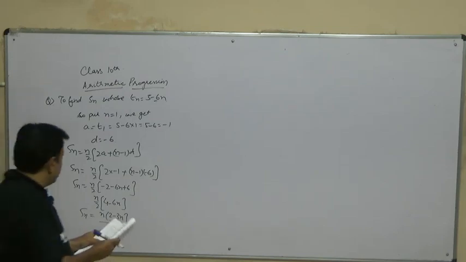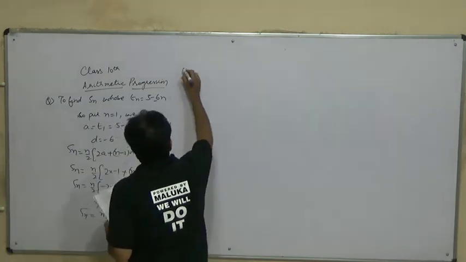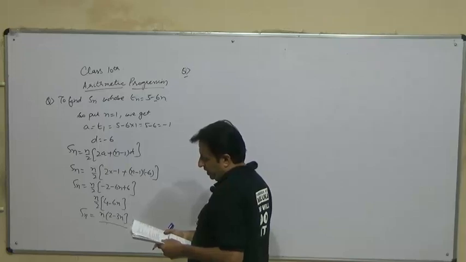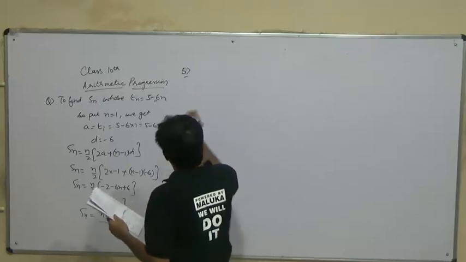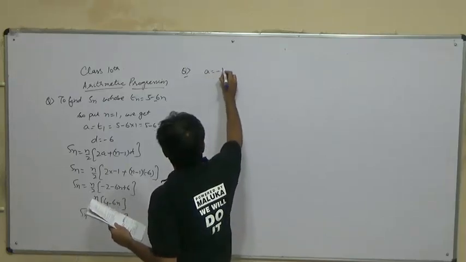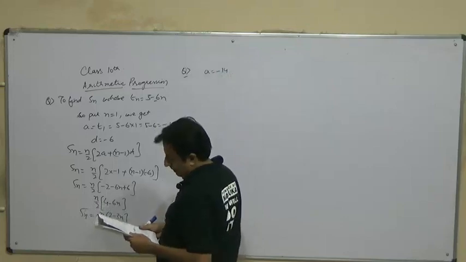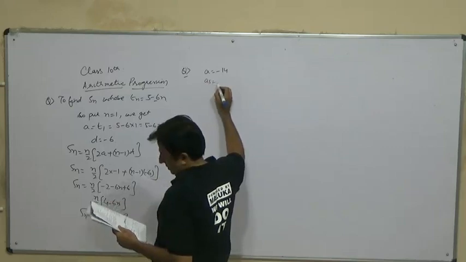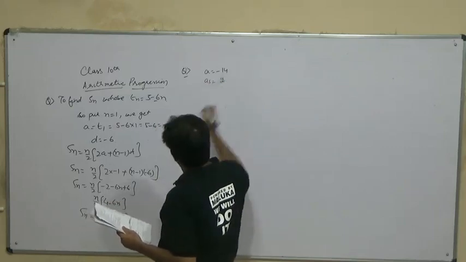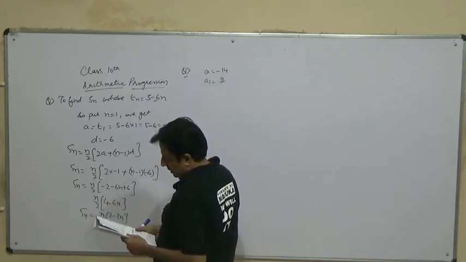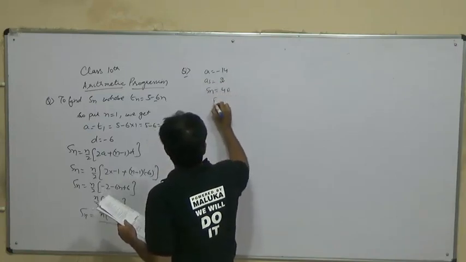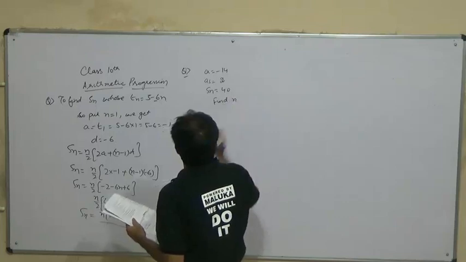How many terms are there in an AP whose first term a is equal to minus 14, fifth term a5 is 2, and Sn is 40. Find n.